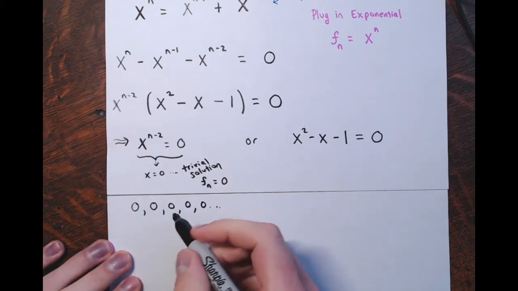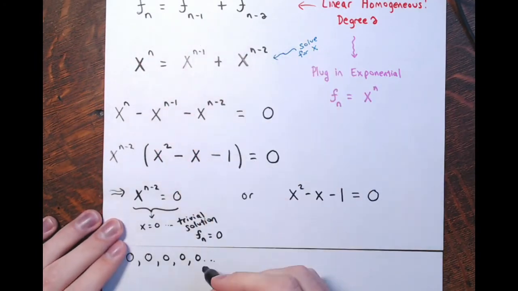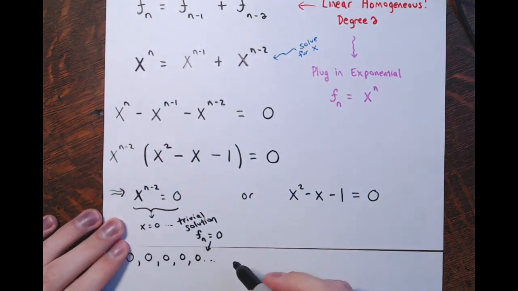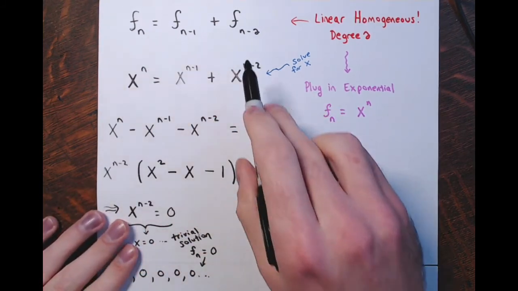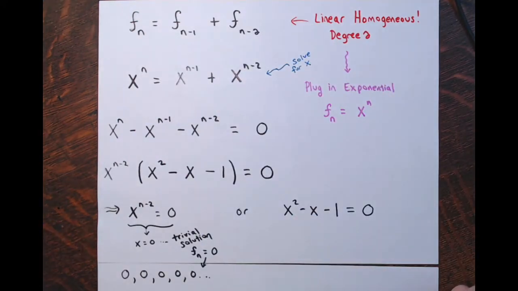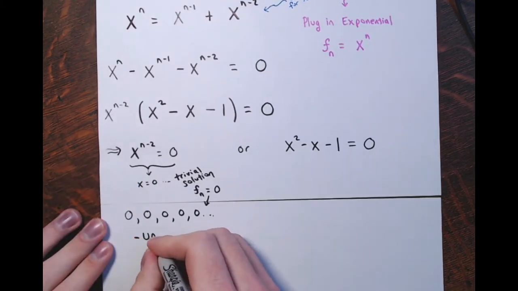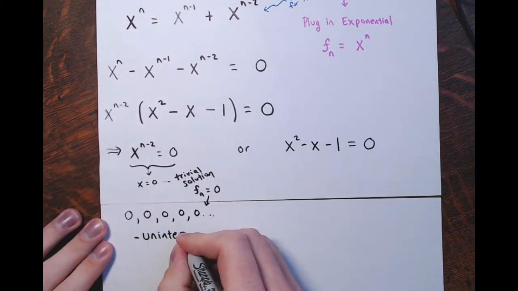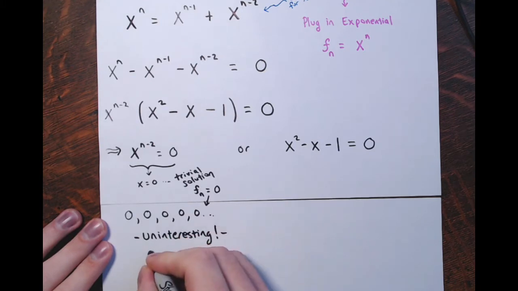Then definitely every term is the sum of the previous two terms. So this is called the trivial solution. It obviously satisfies this, but it's uninteresting. It doesn't tell us anything. So again, this trivial solution is uninteresting. We're going to ignore it.